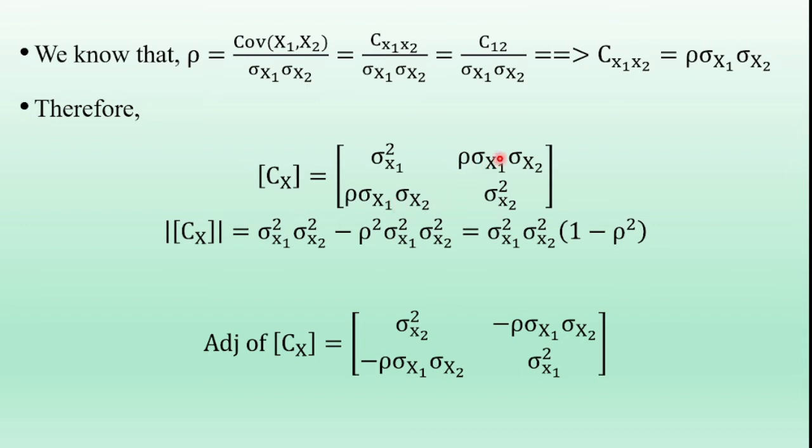We get minus rho sigma x1 sigma x2, minus rho sigma x1 sigma x2.